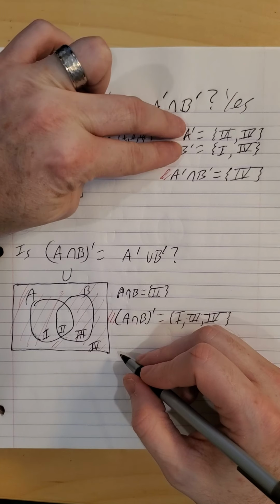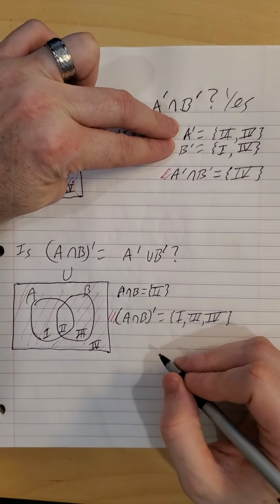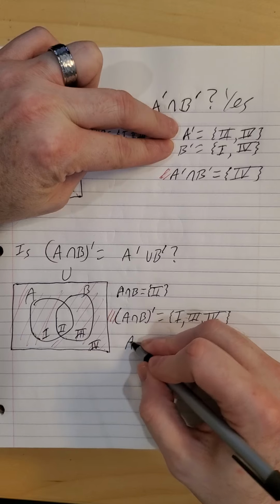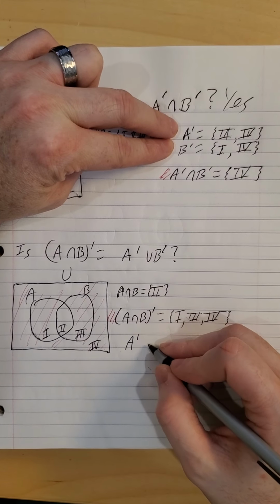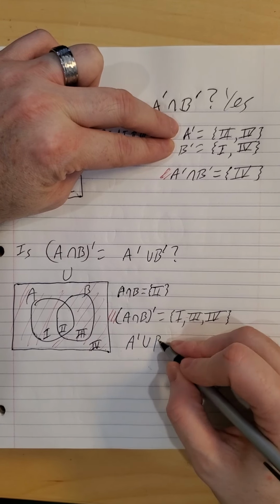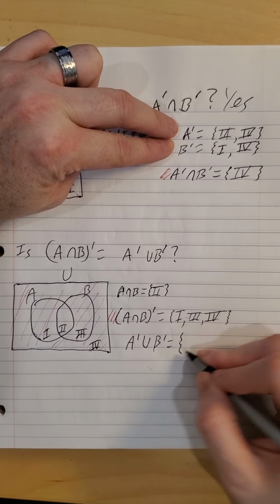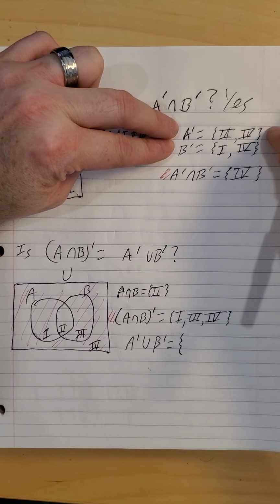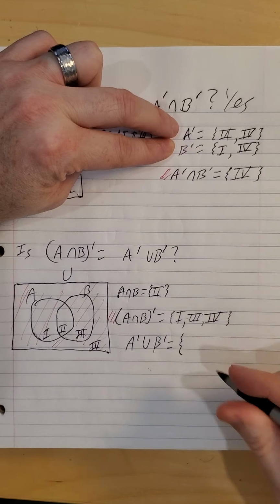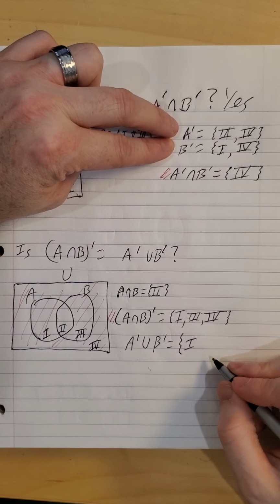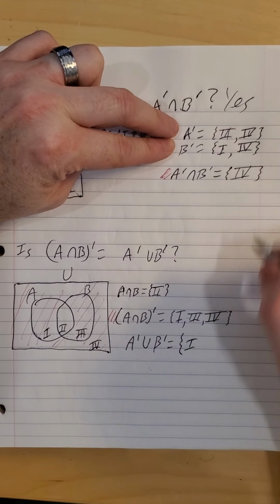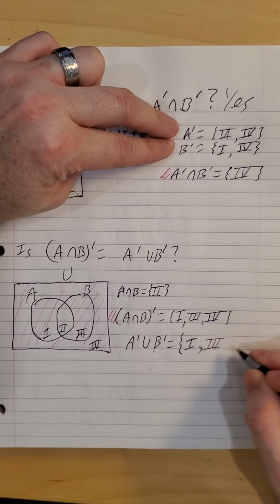A complement and B complement, the same regions that we had in the previous problem. So we'll jump right to the union this time of A complement with B complement. So the union, if it's in one or the other or both, we get to keep it. So because of B complement, we get to keep region 1. Because of A complement, we get to keep region 3.